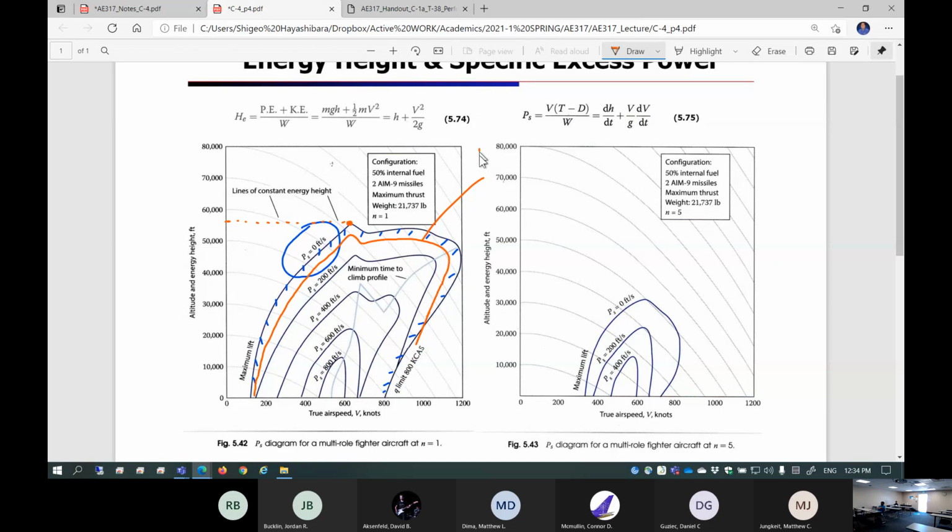Right here is your service ceiling, because you can still have this much PS. In other words, you still have the capability to climb up. That's service ceiling. This is like absolute ceiling. You cannot climb up anymore. And combat ceiling is like 500, so again it's a little bit lower.